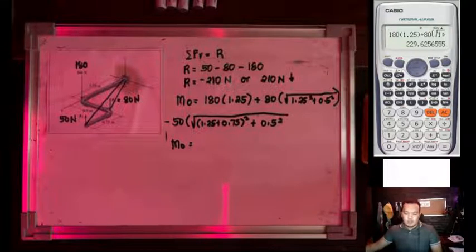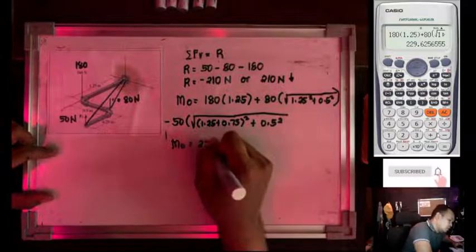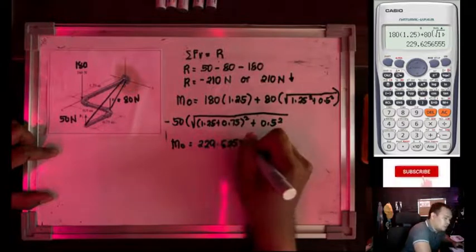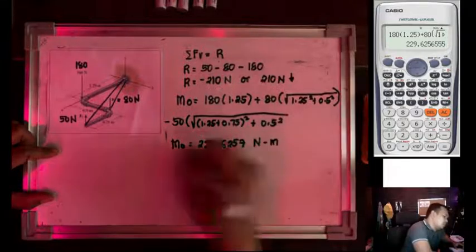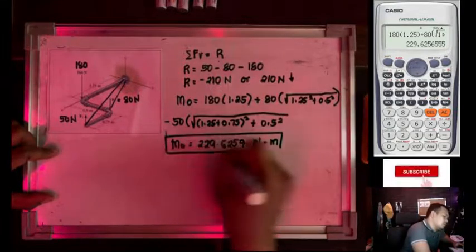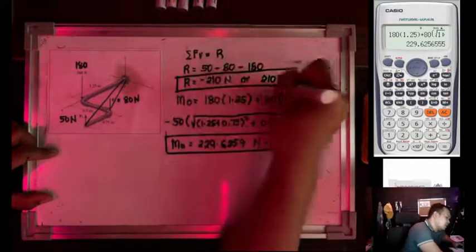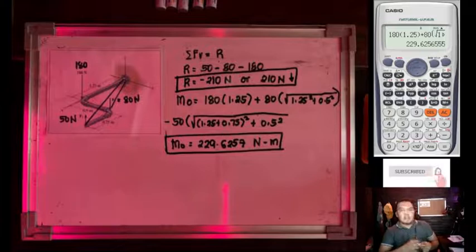So we have here 229.625, 229.6257 Newton meter na couple moment dun sa point O. And the resultant force is 210 Newton.